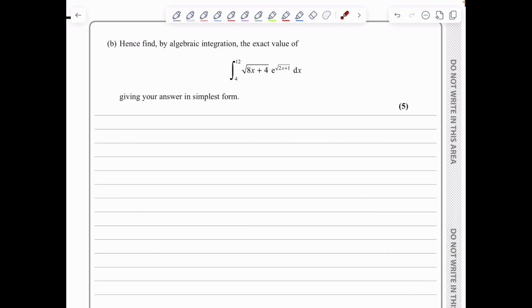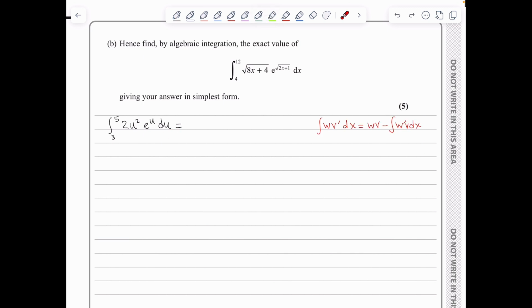In part B, we're asked to find by algebraic integration the exact value of this integral, giving our answer in its simplest form. Well, from the previous part, we have established that this is the integral from 3 up to 5 of 2u squared e to the u du. Now, this is a standard integral that we'll be approaching through integration by parts. Now, the formula for the integration by parts involves u and v, but since u is actually my variable here with respect to which I'm integrating, let's rewrite the formula for integration by parts in terms of w and v.